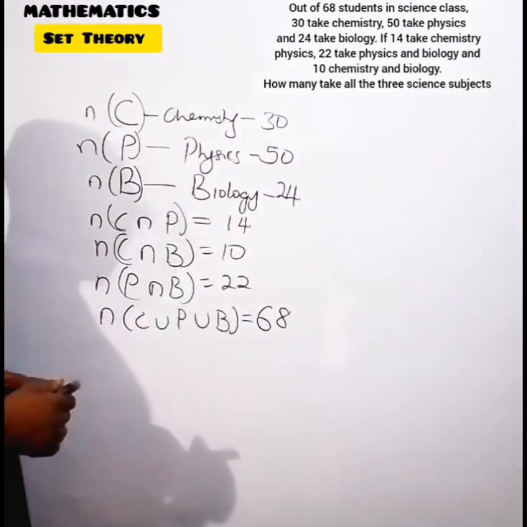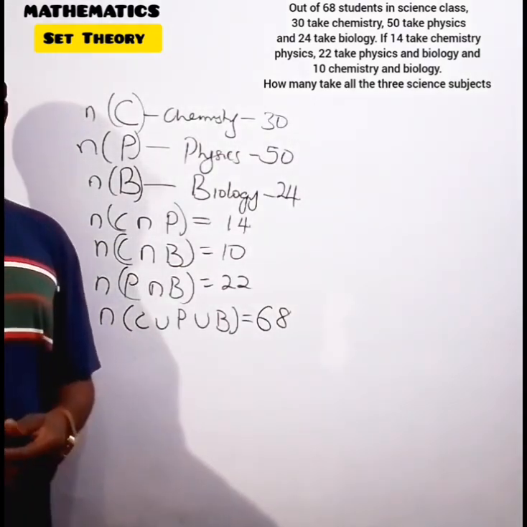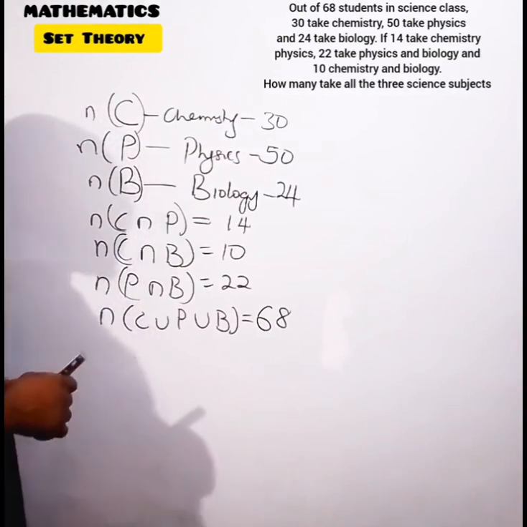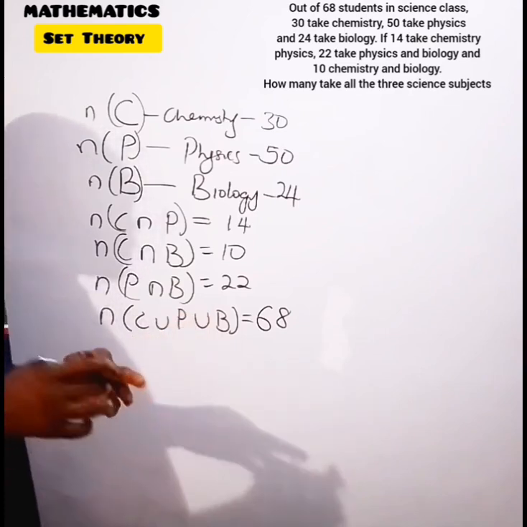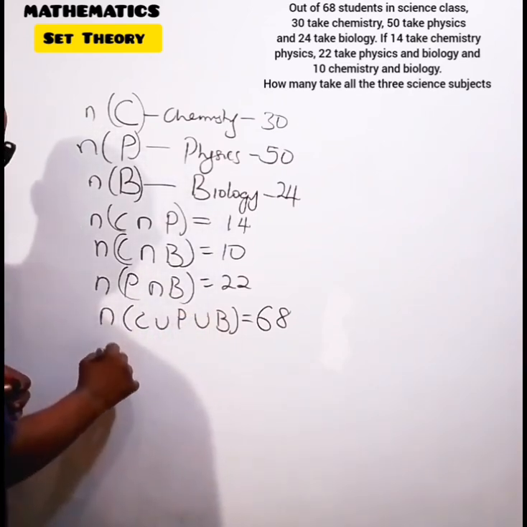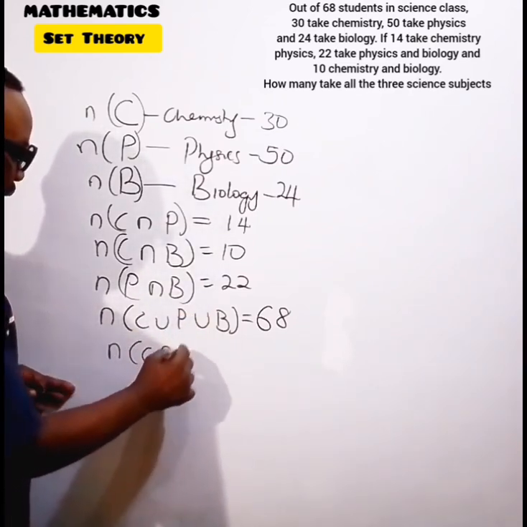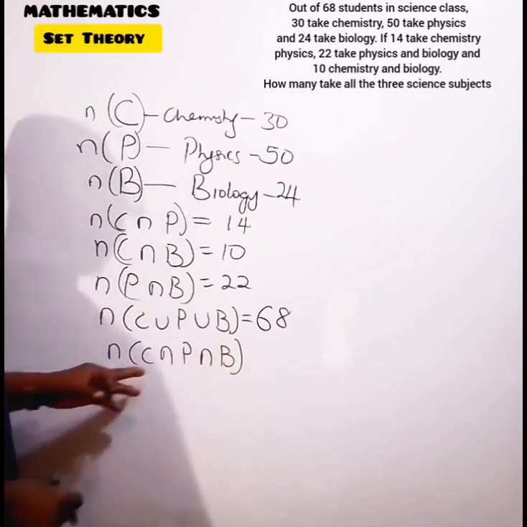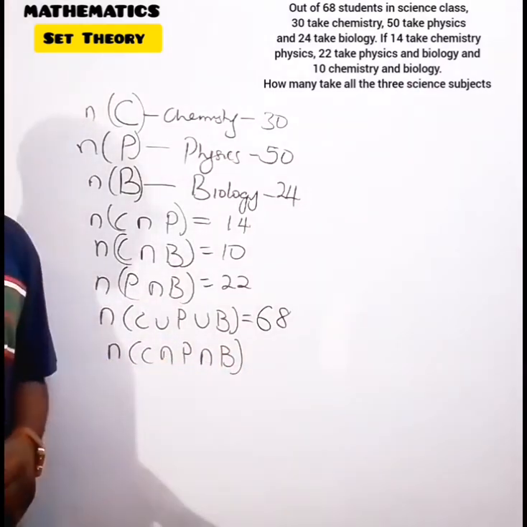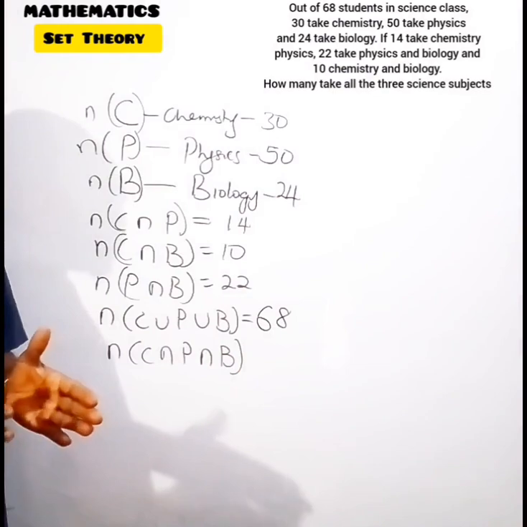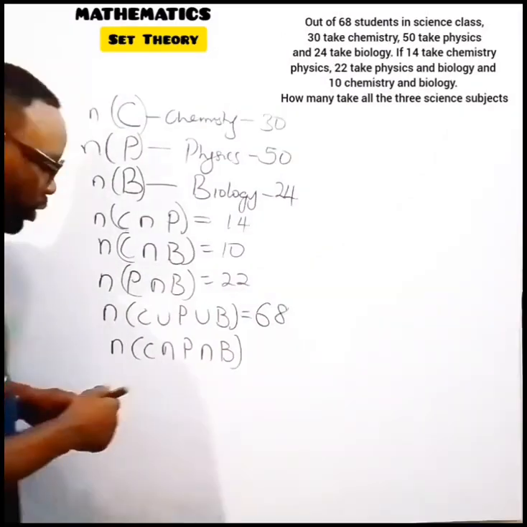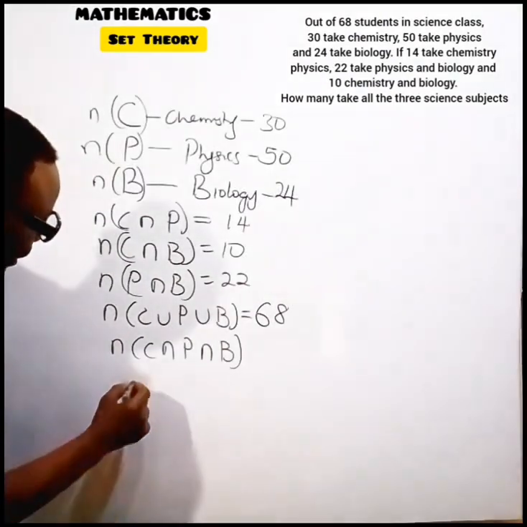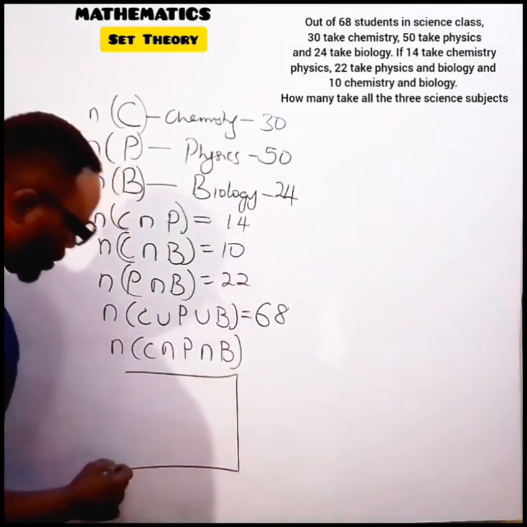Now, we are asked how many students take all the three science subjects. For you to take all the three science subjects, that will be the number of chemistry intersection physics intersection biology. Those are the students that take all the three subjects. If we draw the Venn diagram for this, we can have it this way.